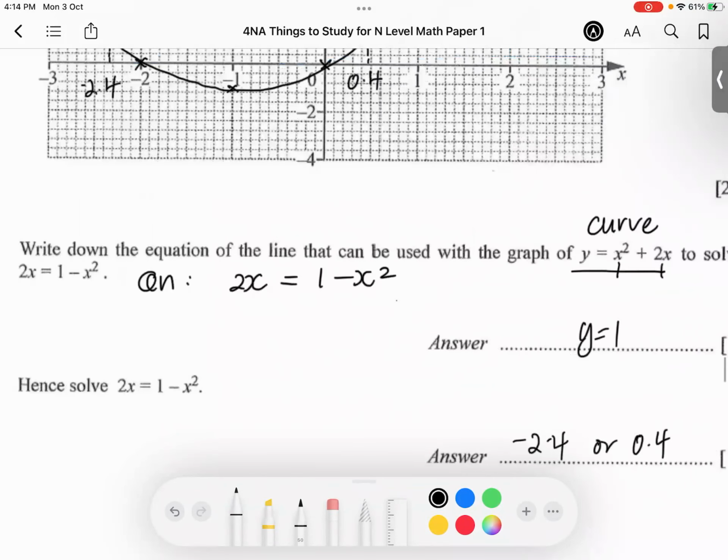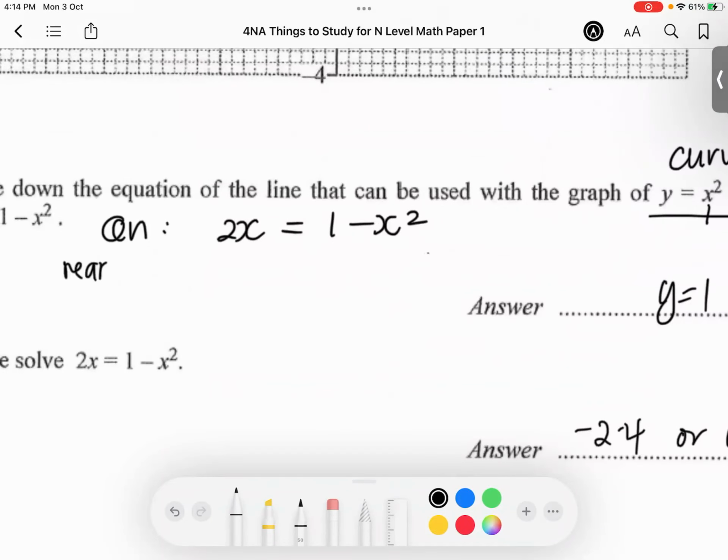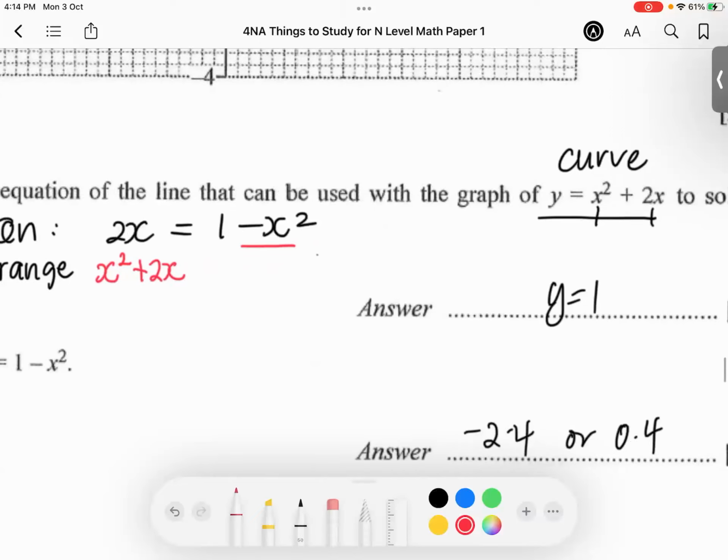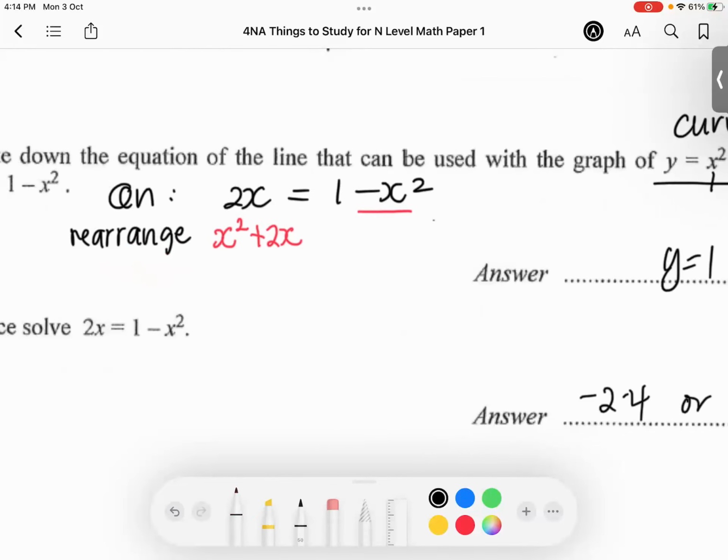So in this case, what do I have to do? I have to rearrange to make my graph appear. I will shift the negative x squared over to this side, keep the 2x here, so that I get x squared plus 2x. I make my graph equation appear.